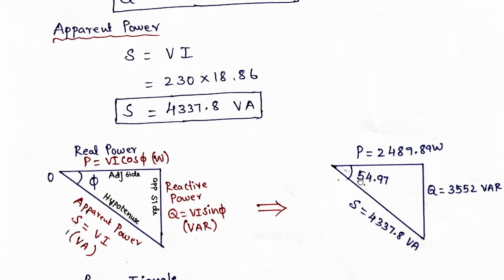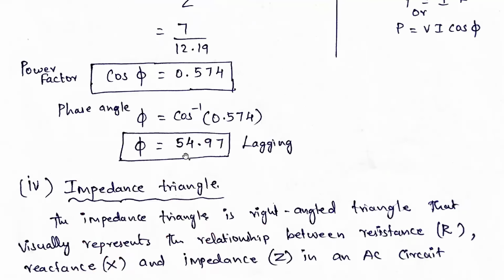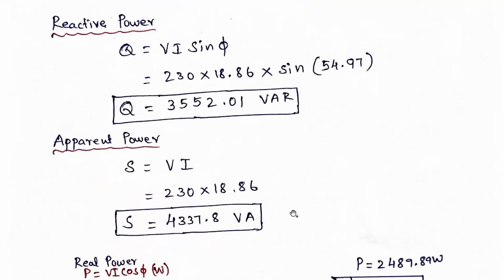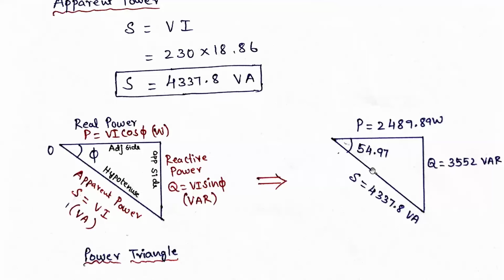The phase angle phi we already calculated as 54.97, lagging. So we substitute that 54.97 degrees. That is all about the power triangle.